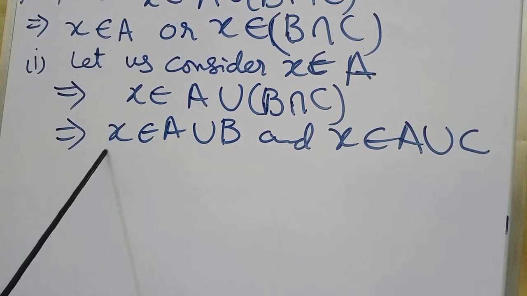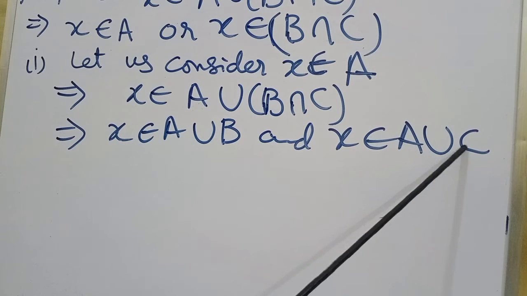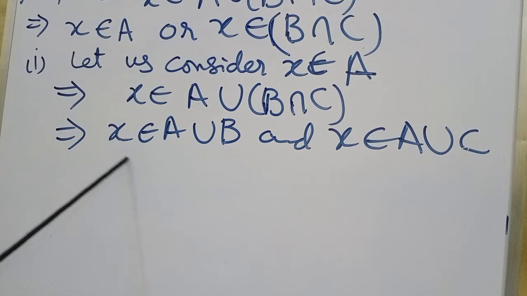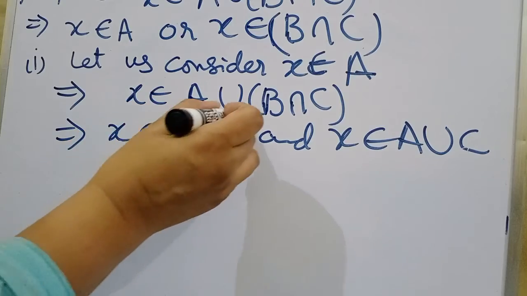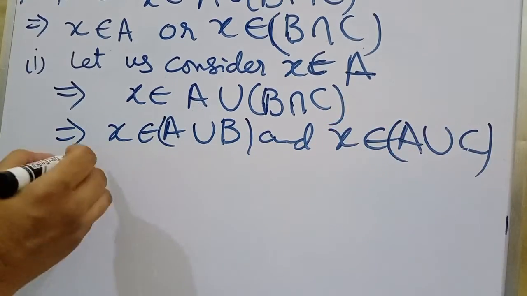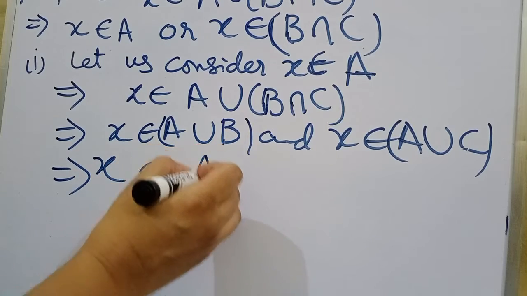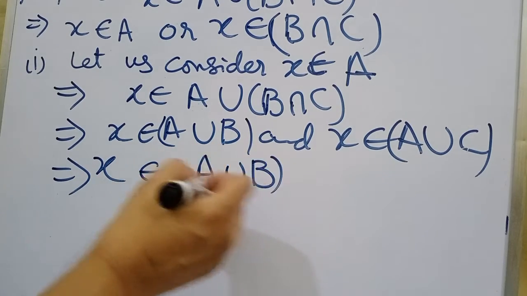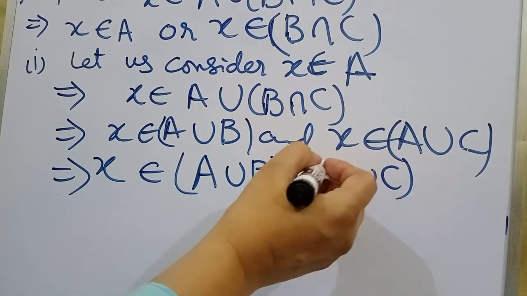So since x belongs to A union B and x belongs to A union C, we can say that x belongs to the intersection of these two sets. x belongs to (A union B) intersection (A union C).